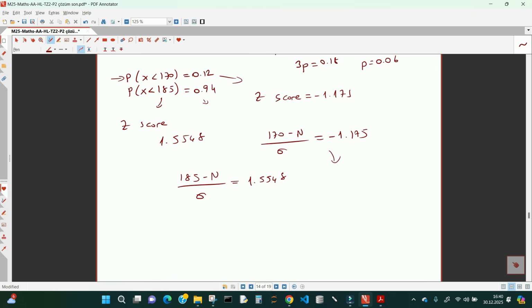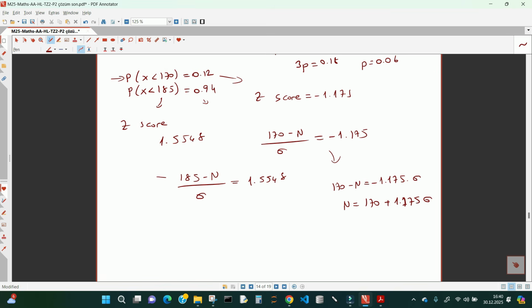From the first equation, 170 minus nu equals this number times sigma, and it will give us nu, which is 170 plus 1.175 sigma.